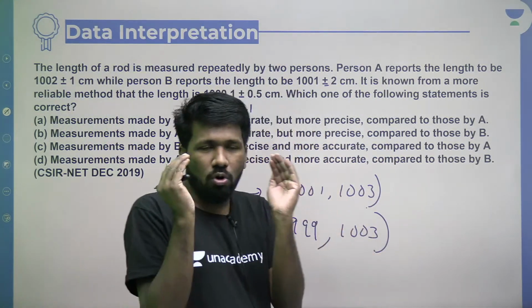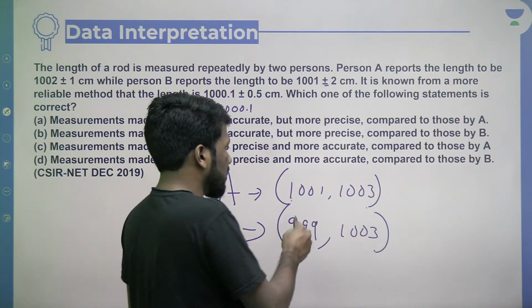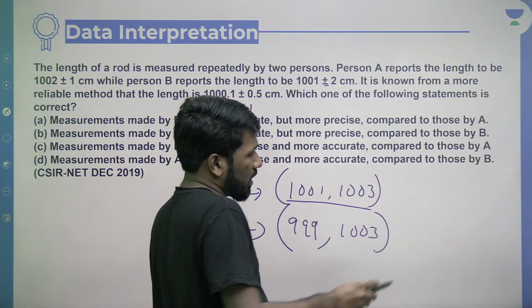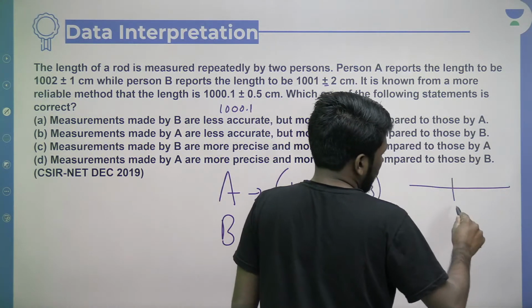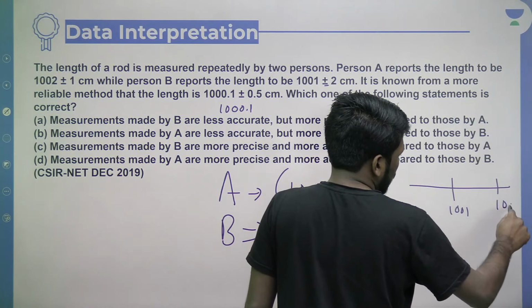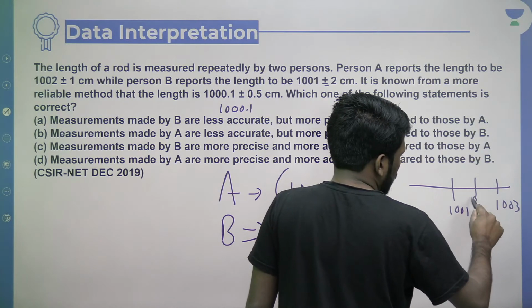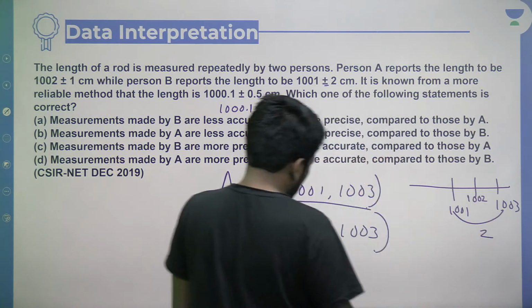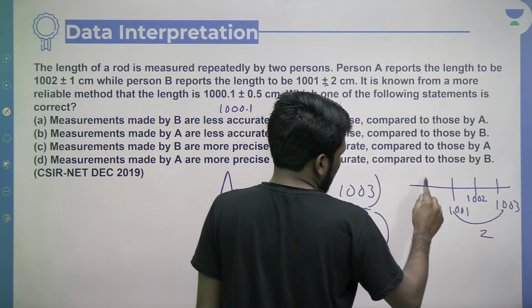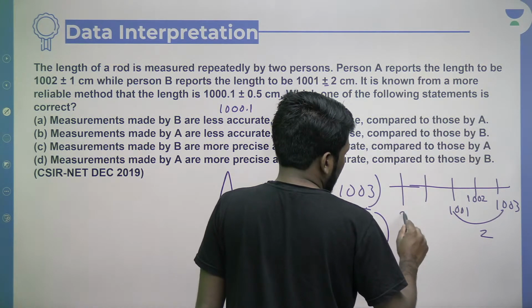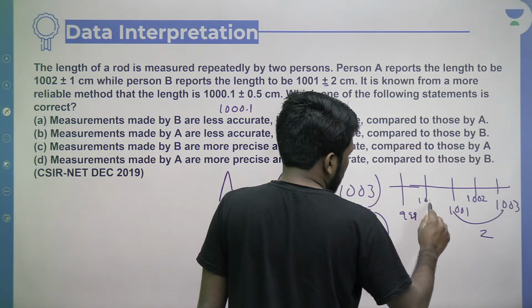So a smaller range, that is precision. This range is of 2 units: on the number line, 1001 is here and 1003 is here, so between them 1002 is also there. So this is the range of 2 units. But what about 999? 999 is even before; after that 1000 is there.